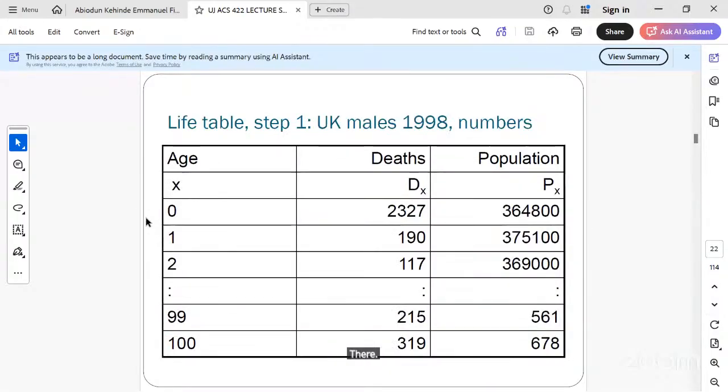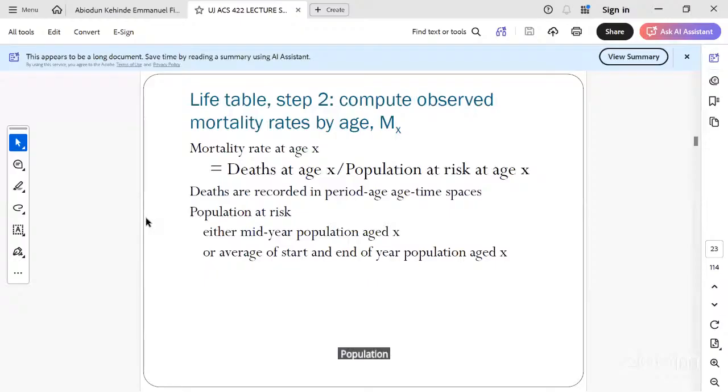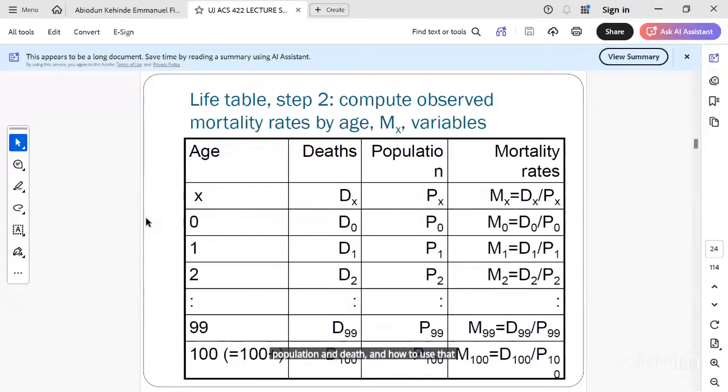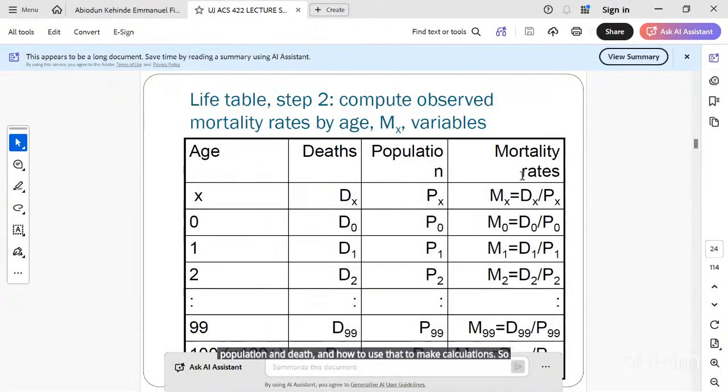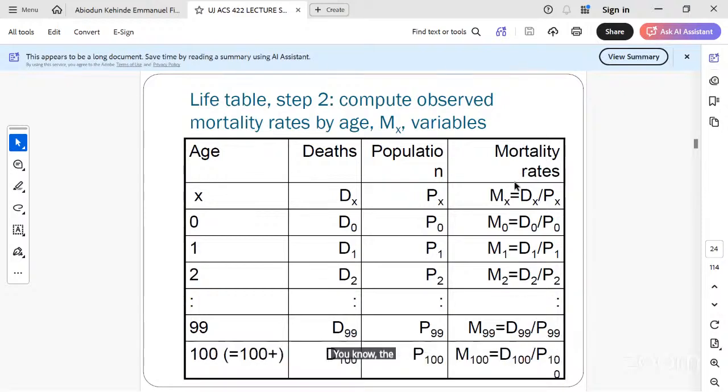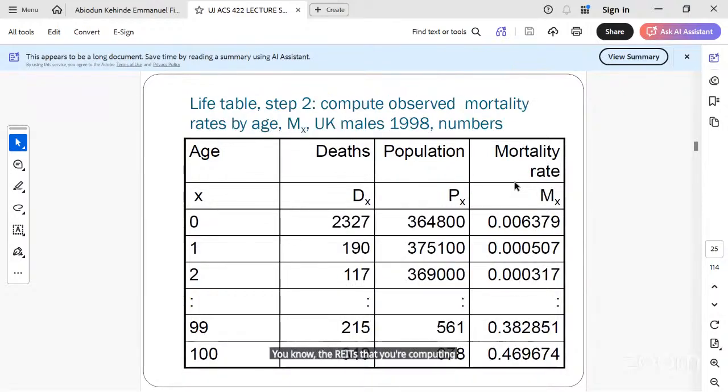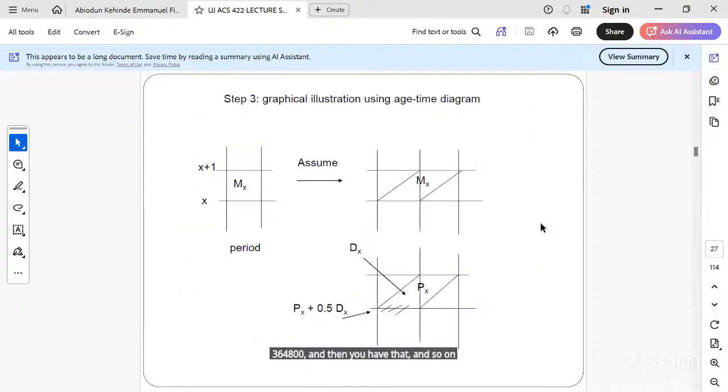And then you have a typical illustration of population and death and how to use that to make calculations. They are all here, the rates that you are computing, as a means of demonstration. For example, for age 0 here, the mortality rate will just be 2327 divided by 364,800, and then you have that and so on. This is how it's computed.